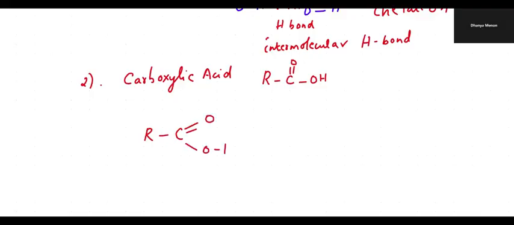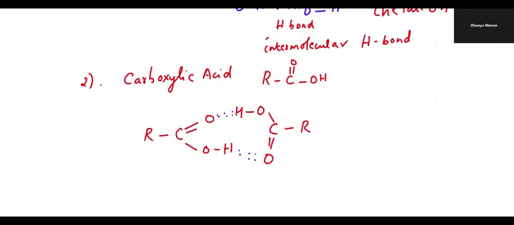Okay. And I have another carboxylic acid which has a double bond like this and OH. What kind of bond can form between this oxygen and hydrogen? There can be what? Presence of hydrogen bonding.